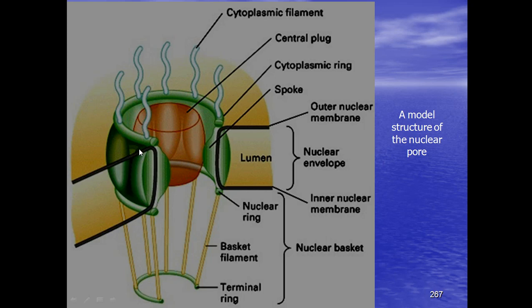And this is the cytoplasmic ring, and in the center there is a central plug, and this entire structure is known as the nuclear basket. This is the terminal ring. So this is the structure of the nuclear pores, and they are octagonal in shape, and they are guarded by these protein complexes.